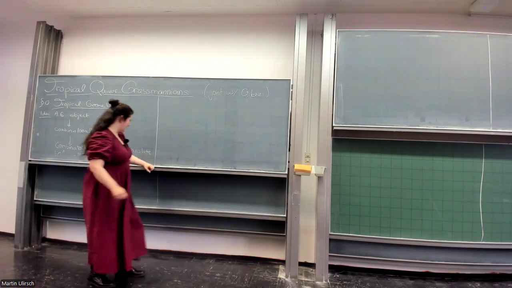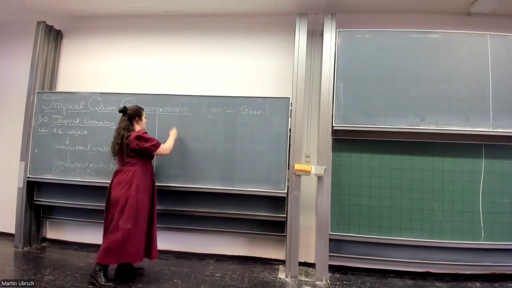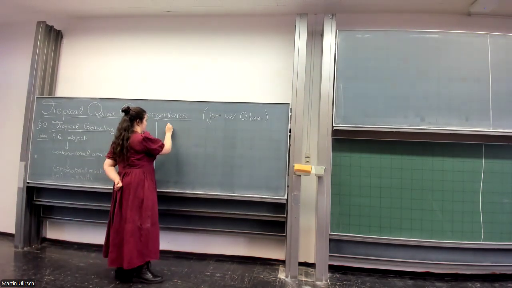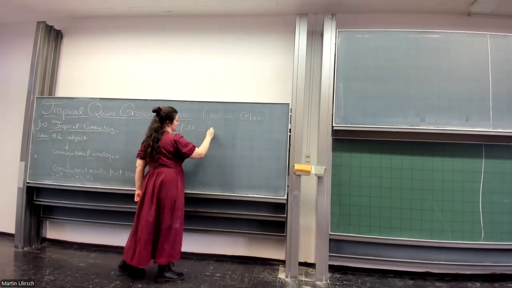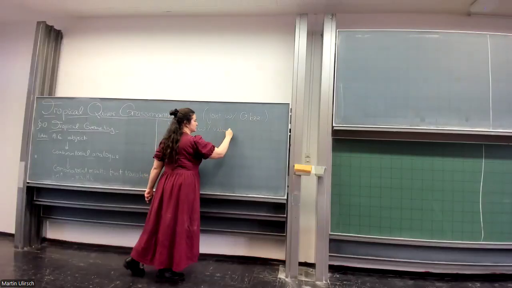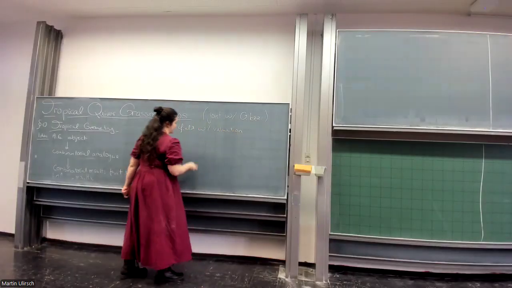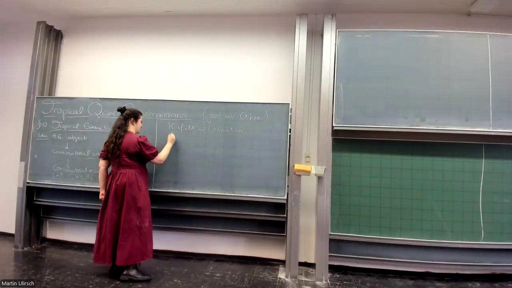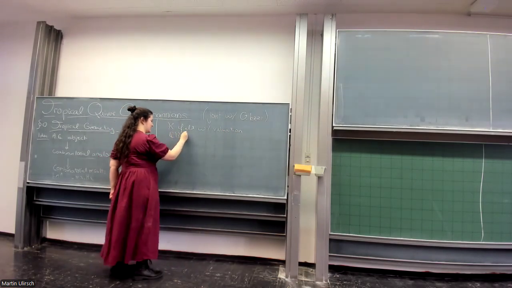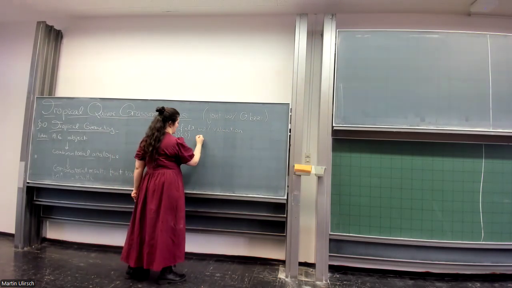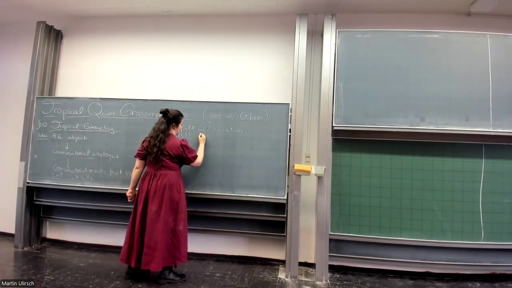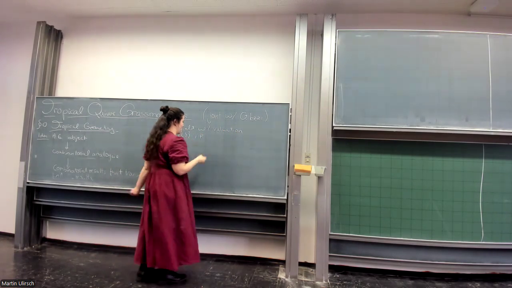So usually the way you do this is by working over a field with valuation. For instance, the Puiseux series, so the complex Puiseux series for today, which are essentially power series that have a lowest element.